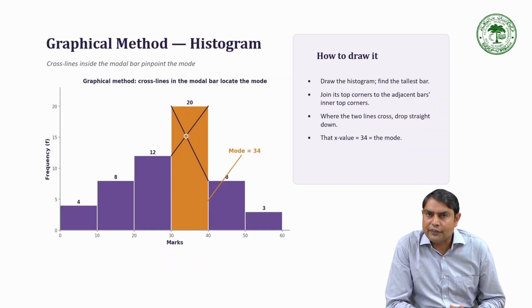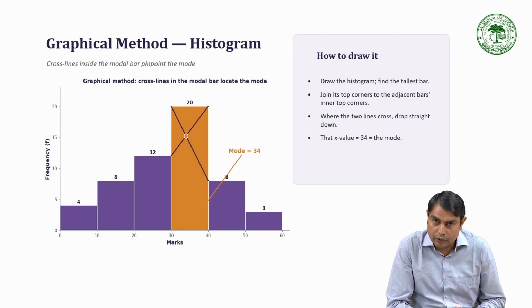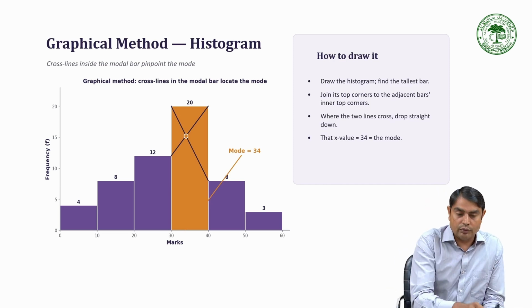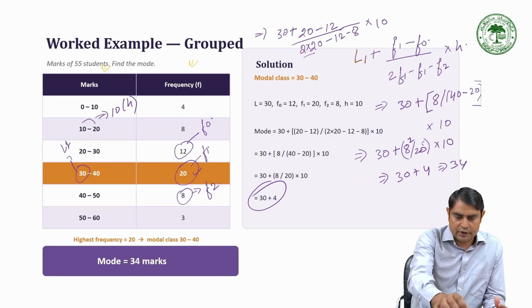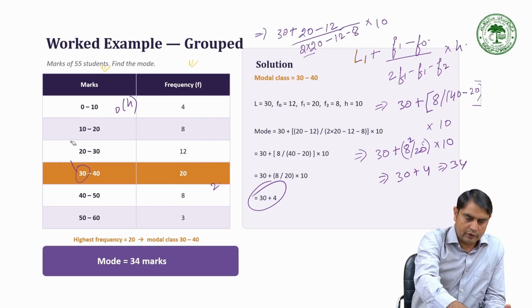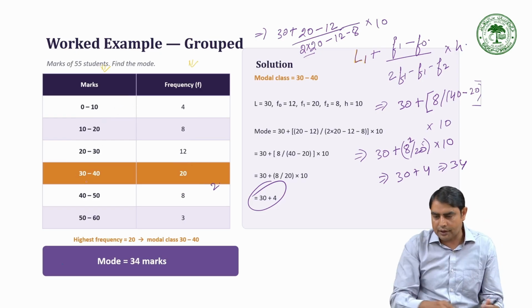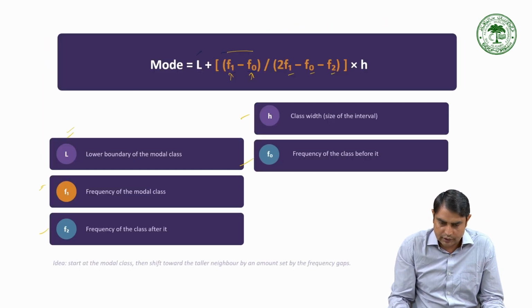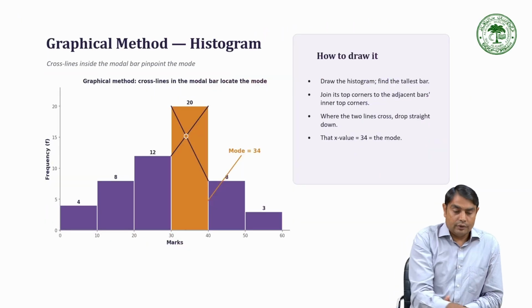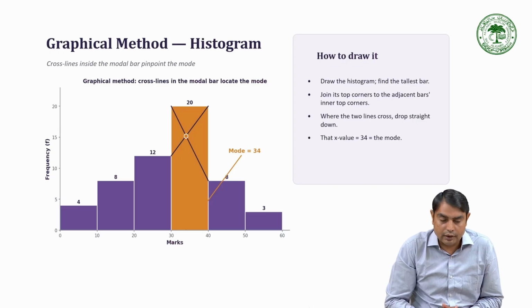Now, if I come to the graphical finding of the mode, or the graphical example of the mode, then what I have to do is take the histogram, because the data is continuous. So with the same question, I have prepared a histogram. 0 to 10 is 4, then 10 to 20 is 8, then 20 to 30 is 12, 20 and 8.